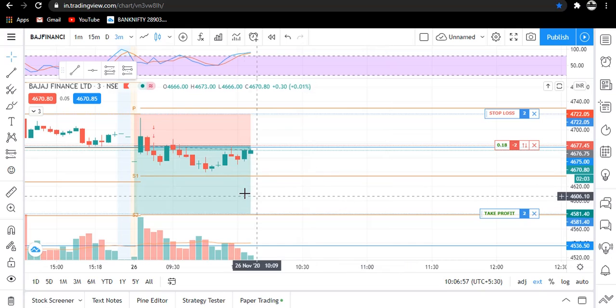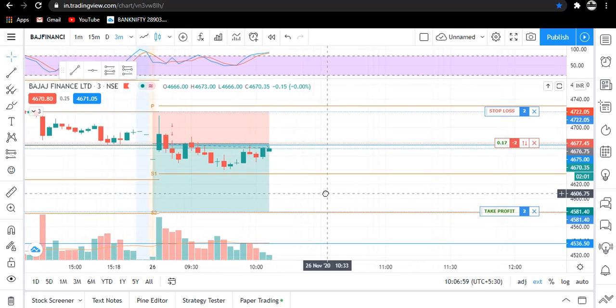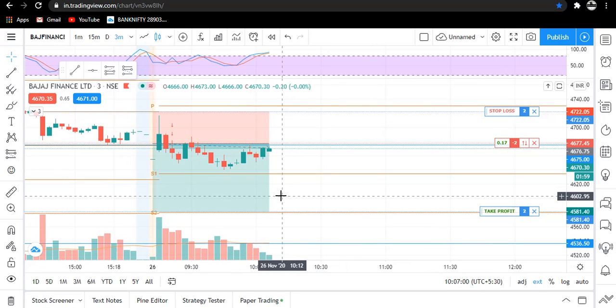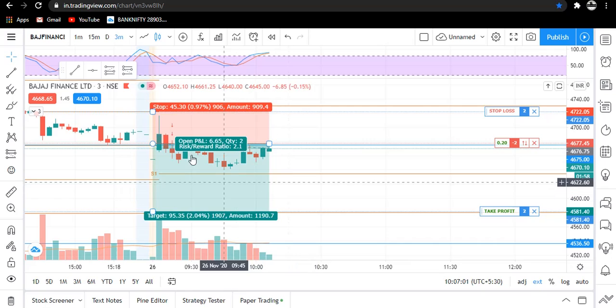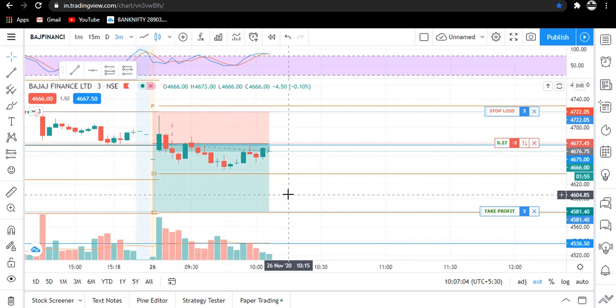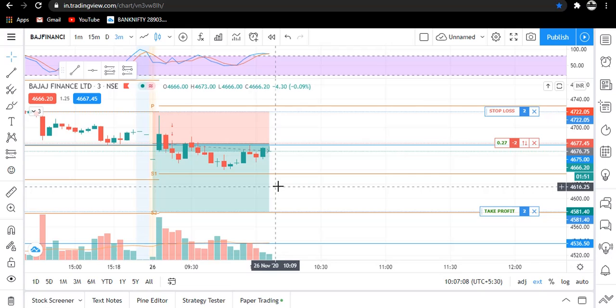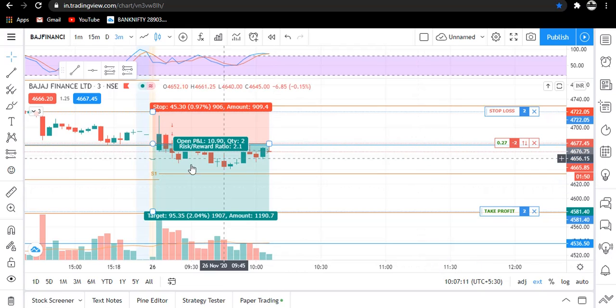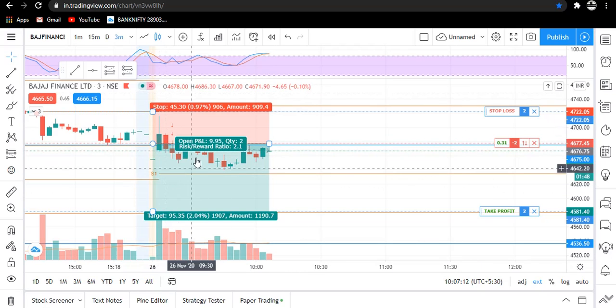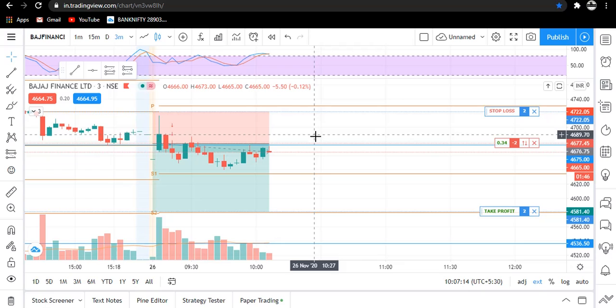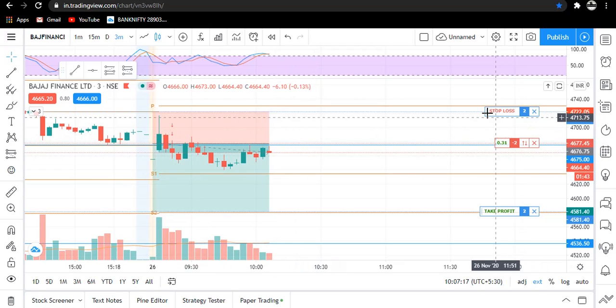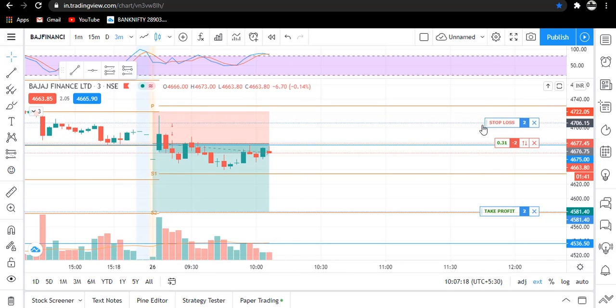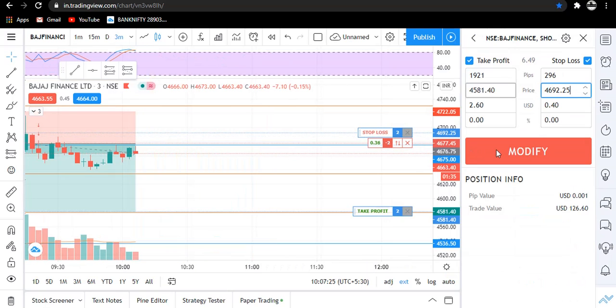So traders, this is our trade of Bajaj Finance in equity segment. You can see the price first went down. Now it is trying to reverse. So what we have to do is trail our stop loss to this swing high. Okay, let's modify it.